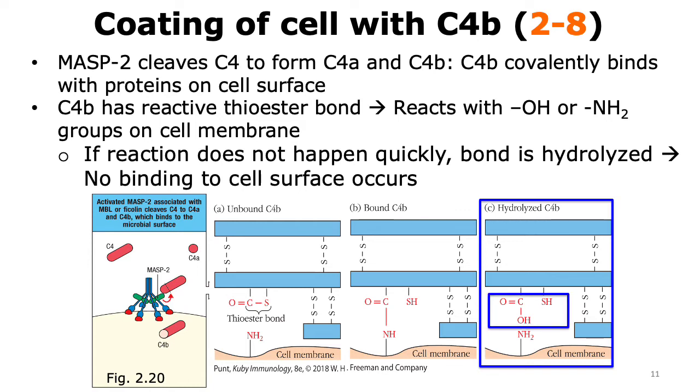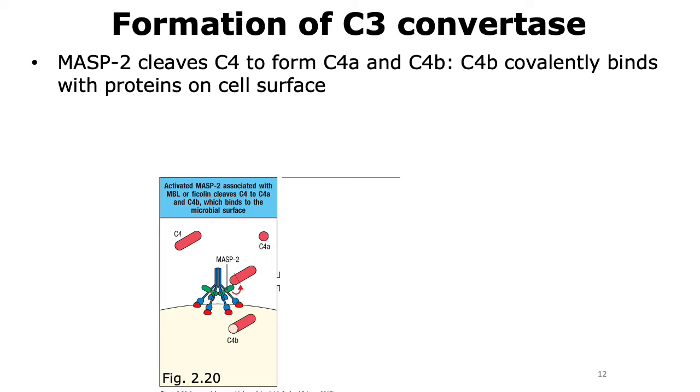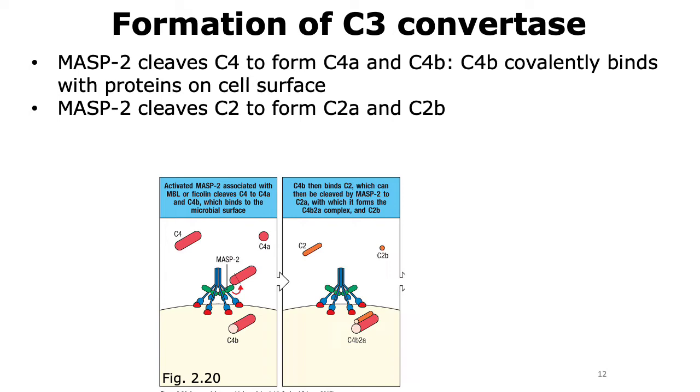Hence, the process has to happen very quickly, or else no covalent bond will be formed between proteins that are on the surface of the cell and C4b. Thus, just to remind everybody, C4b that is generated from the cleavage of C4 is able to bind to the surface of the pathogen.